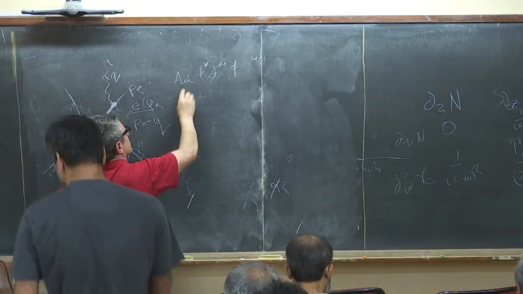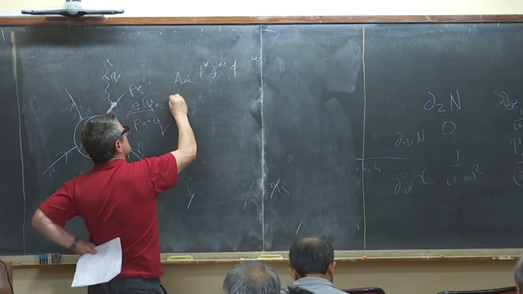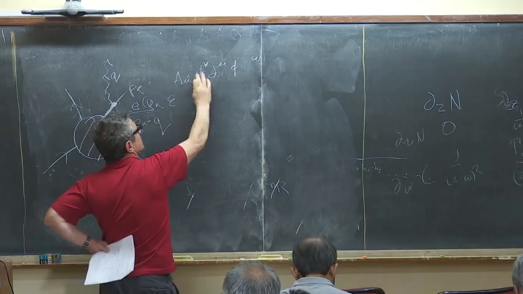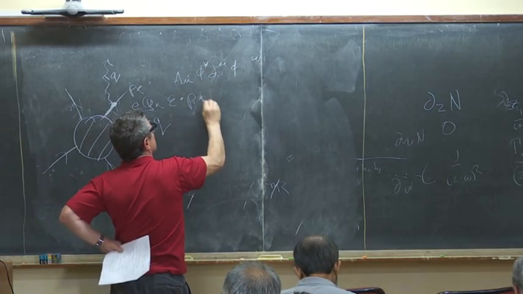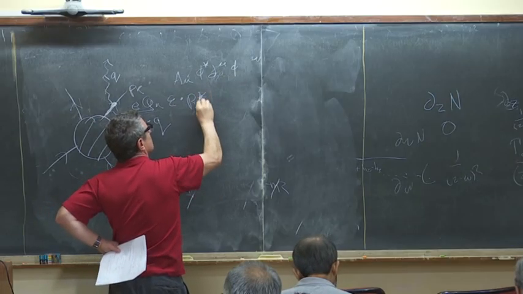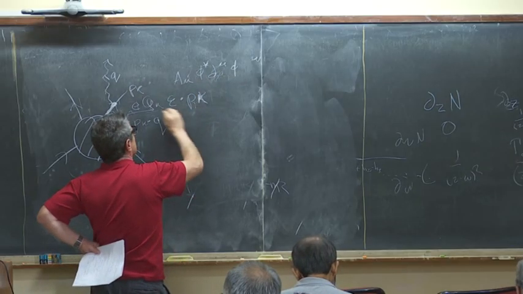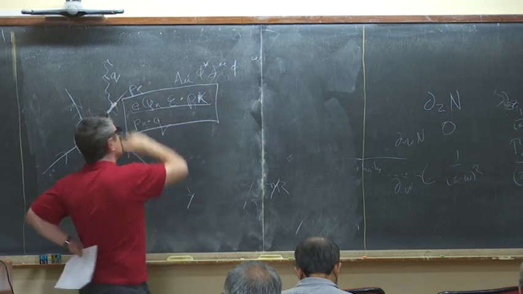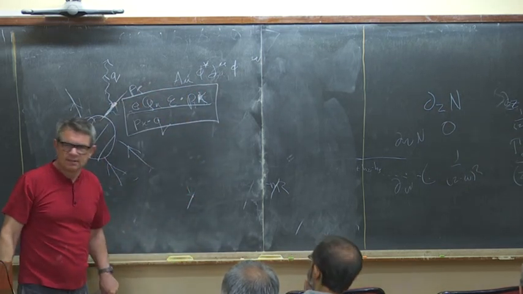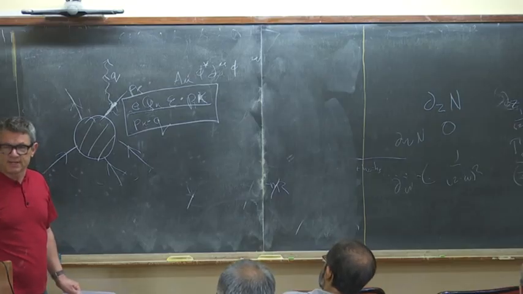And then this becomes the polarization, epsilon, contracted into this, which is just the momentum of the k particle. So from this way of attaching, we get a factor like this.